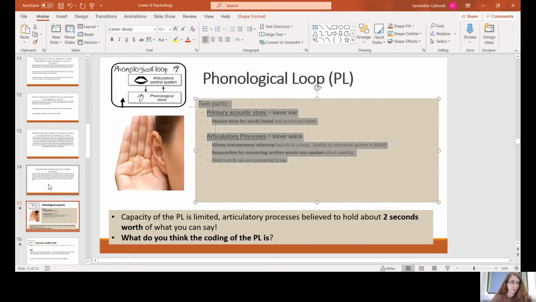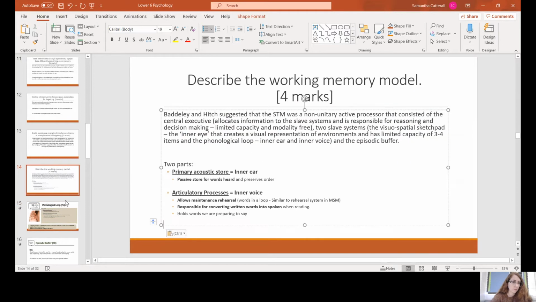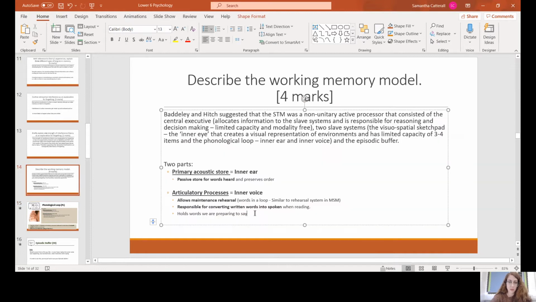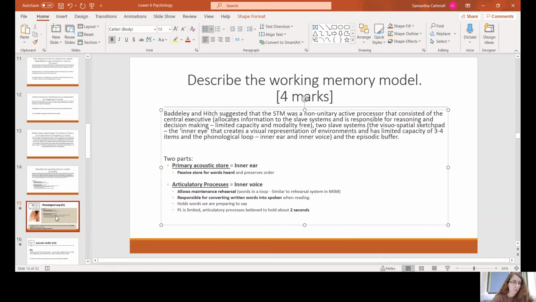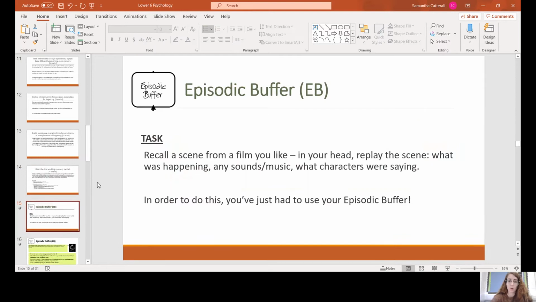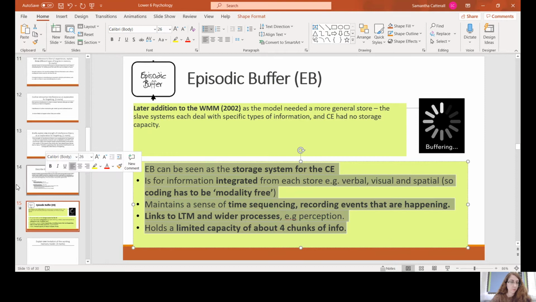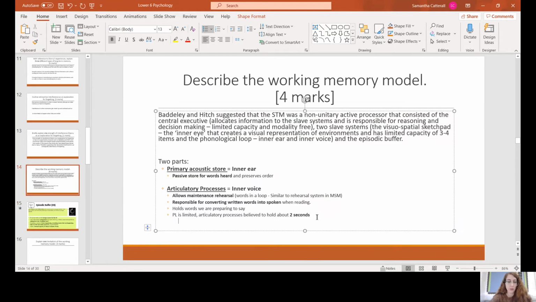I'm just trying to collate all the information about these in one place. You can just add it all in.